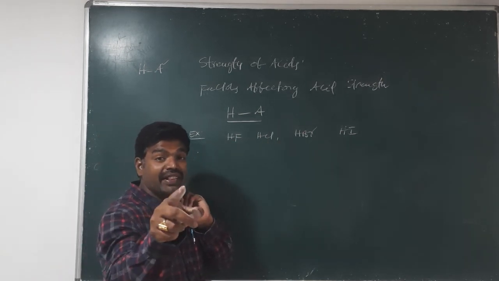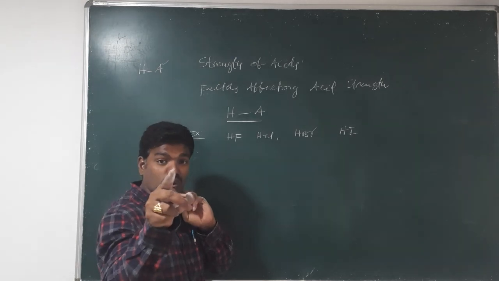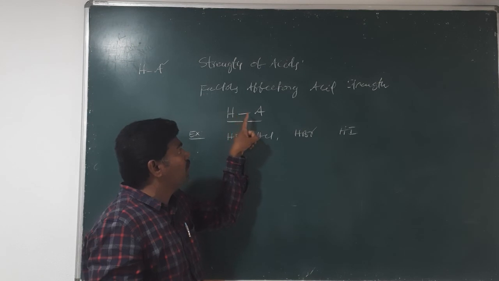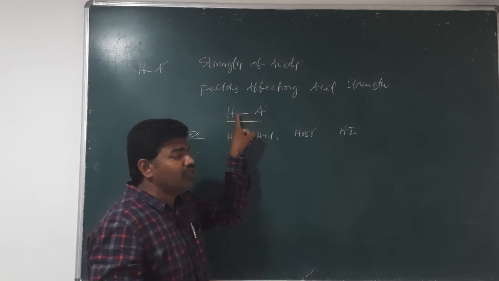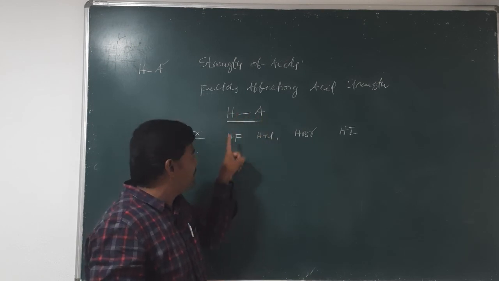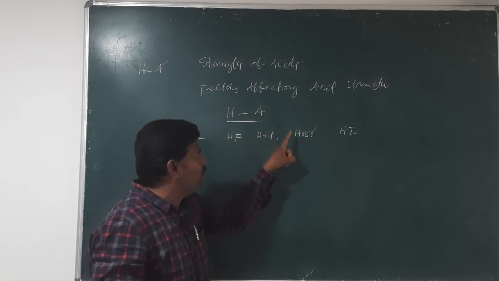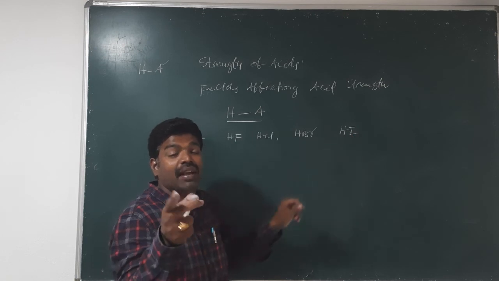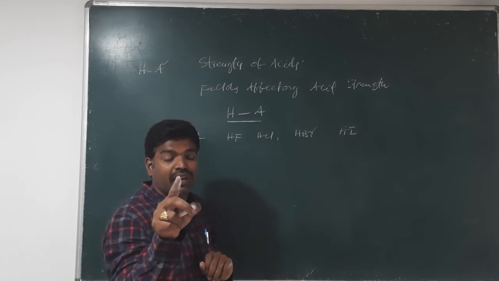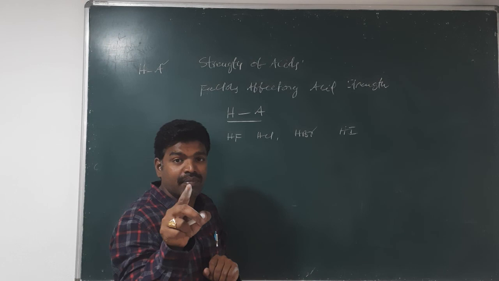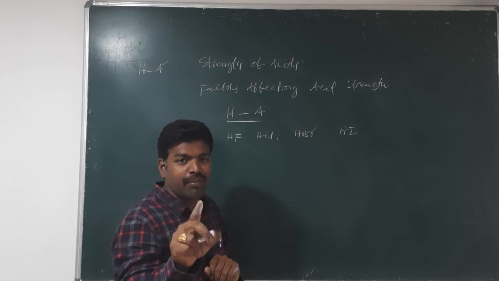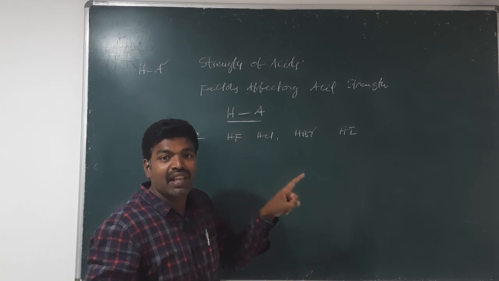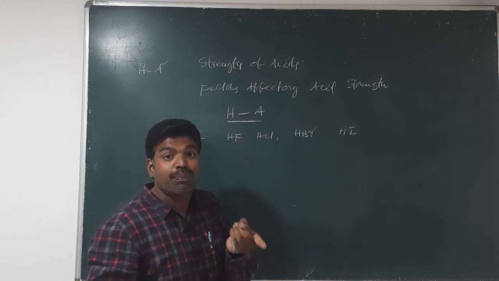When we compare the elements of the same group in the periodic table, the strength of the HA bond decides the acid strength rather than the polarity.